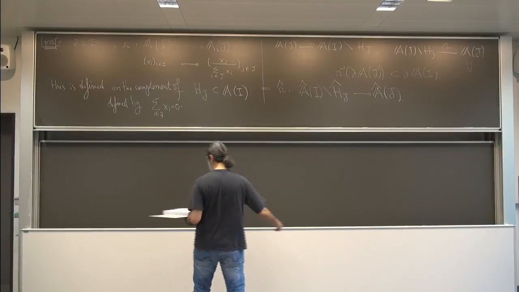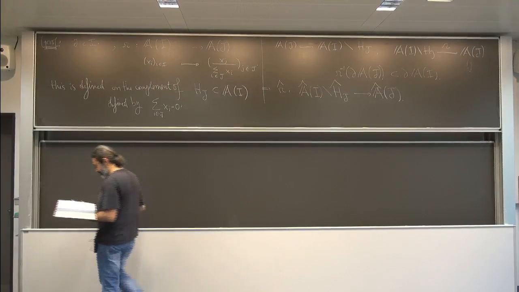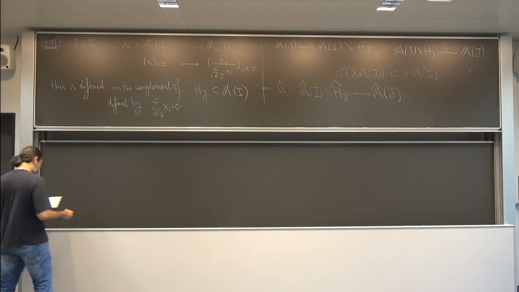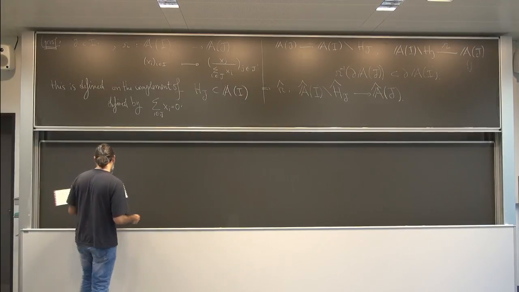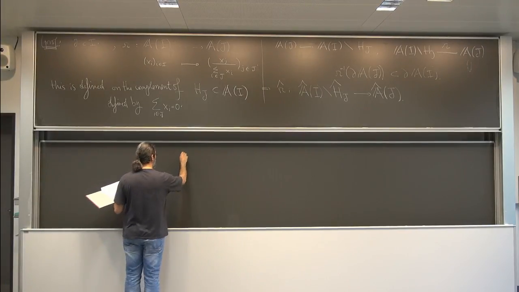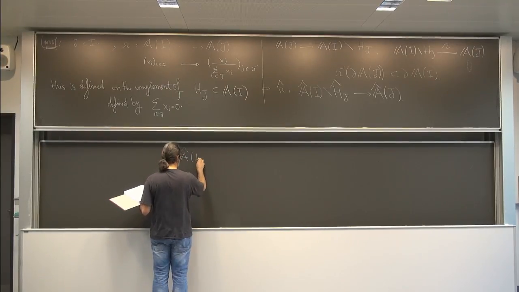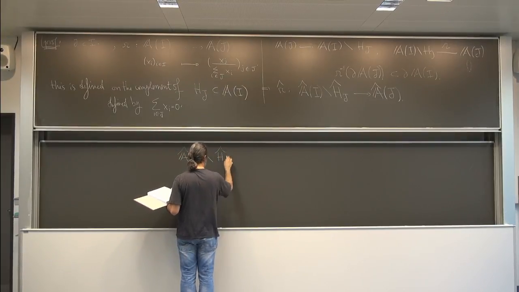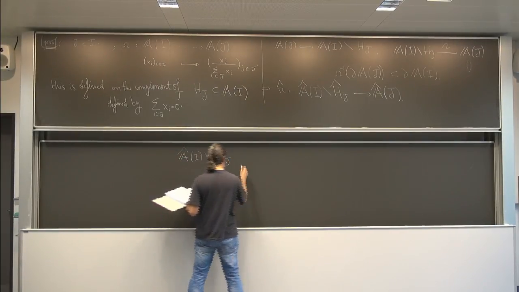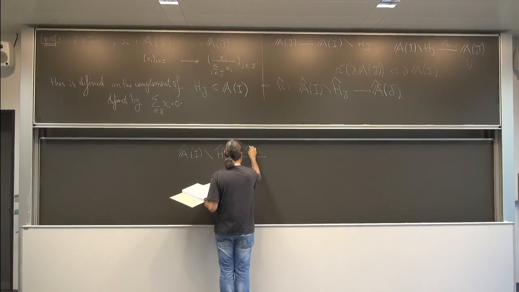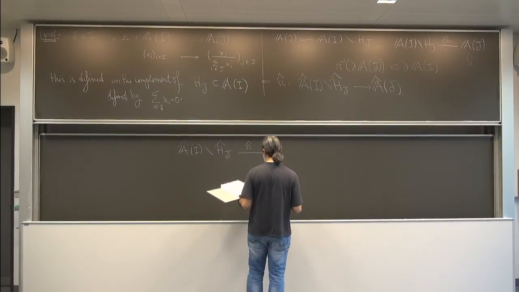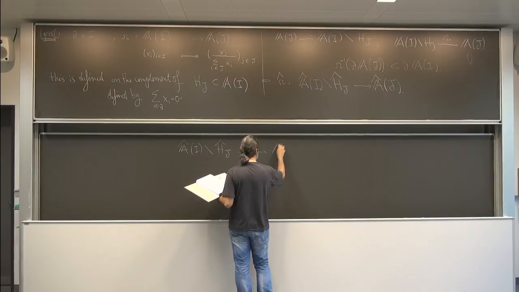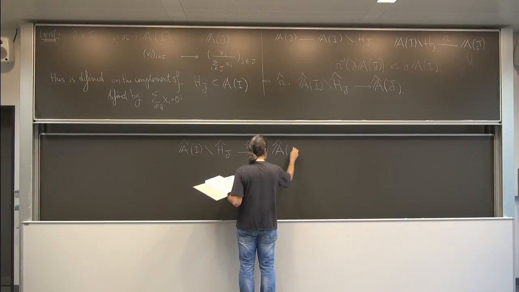So let me write the following. We have the following commutative diagram. Write it again: this is AI minus this inverse image of the divisor. We have this map R hat that goes to AG.